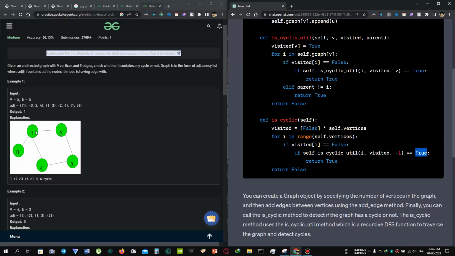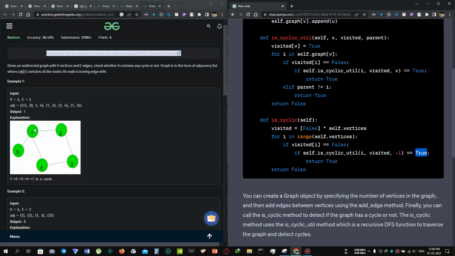We will go to 0, and because 0 has the parent -1, which means it is the parent, we won't be visiting it, so we will go to the next one.